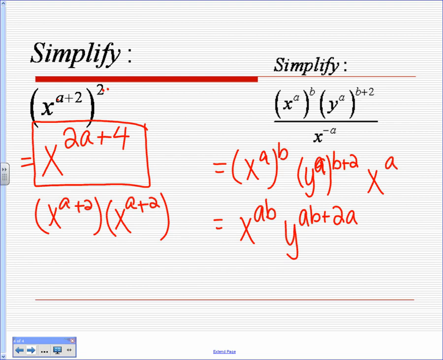And then we just have x to the A. Now what? It'd be A plus AB, because they're not the same. So you just make them AB and then A, you just keep them separate, but you put a plus sign in between them because they're both positive. Does that make sense?